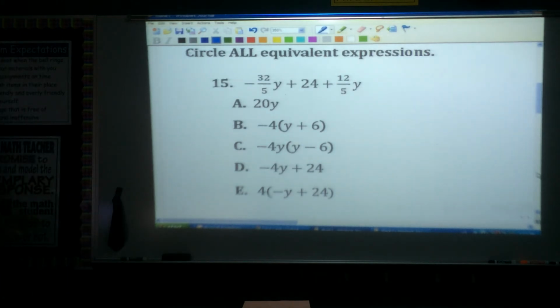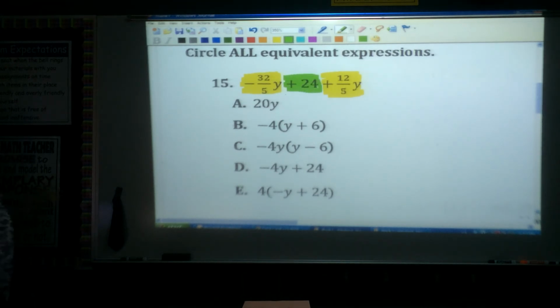On this expression, we have negative 32 fifths y plus 24 plus 12 fifths y. Again, you would want to combine your like terms, which are the terms with the y. And then that leaves us the positive 24.